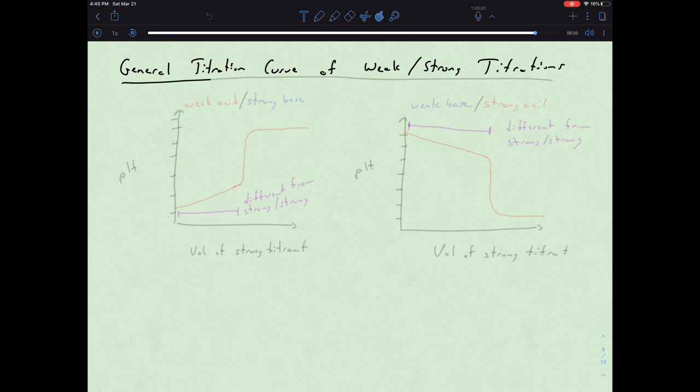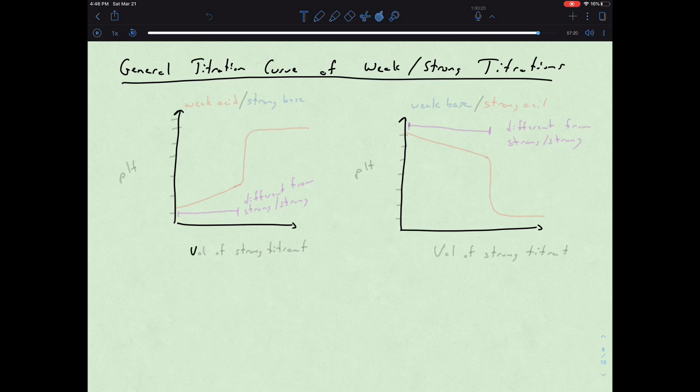We had a general curve for strong titrations, which was basically flat at the beginning, a sharp increase in the middle, and flat at the end. And we find something subtly different with the weak strong titrations in terms of really the beginning piece of it.